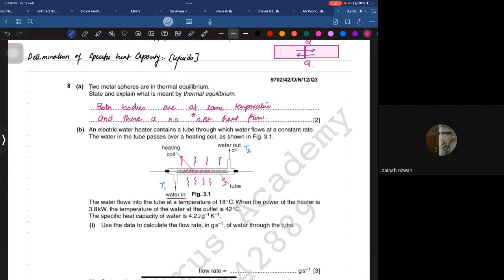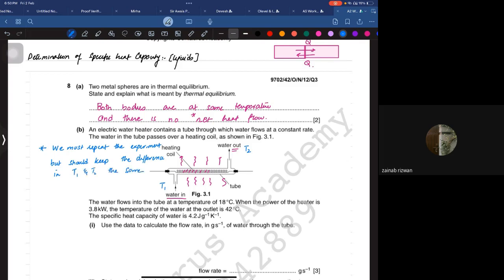What you should do is number one, we must repeat the experiment, but should keep the difference in T1 and T2 the same.